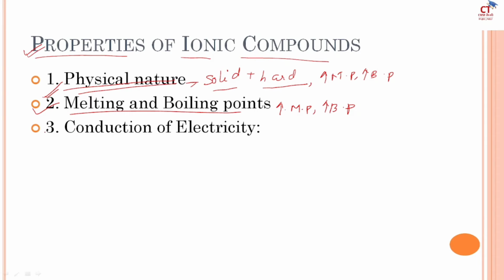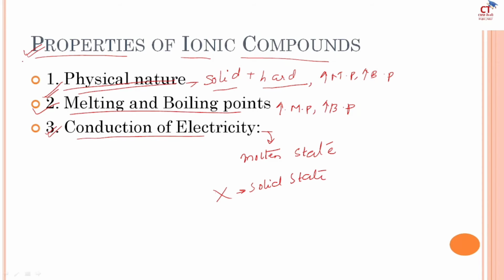And the third one is conduction of electricity. Ionic compounds conduct electricity only in the molten state, but they do not conduct any electricity in solid state.